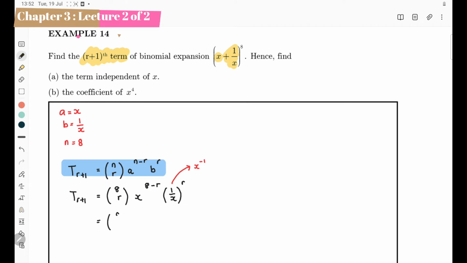After simplifying, we get 8Cr, x to the power 8 minus r, and x to the power of -1 times r, so it is -r. We can put these two x together by adding the powers. Then we get T_(r+1) = 8Cr x^(8-2r). So we are done with the r plus 1 term.